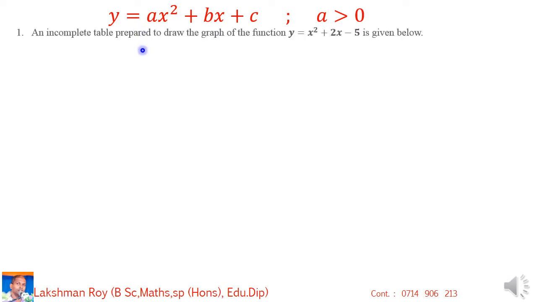Here the function is y equals x squared plus 2x minus 5. Now where is a? It is in front of x squared, and there is no number, that means it is 1. Positive 1, so that's why I told you a is greater than 0.